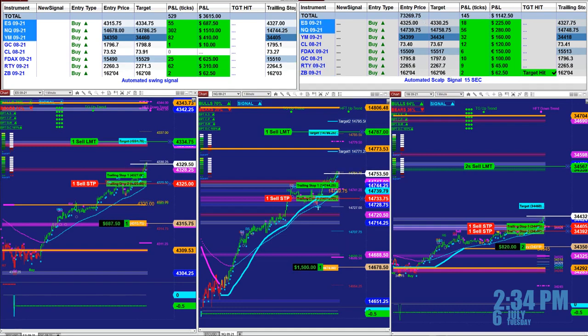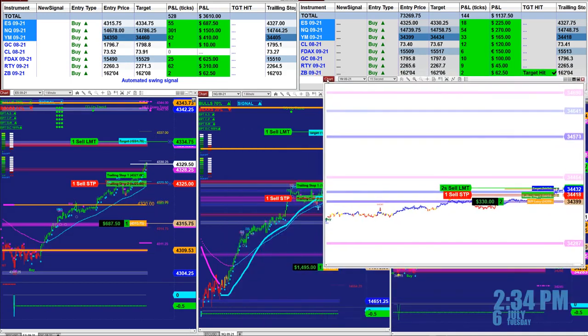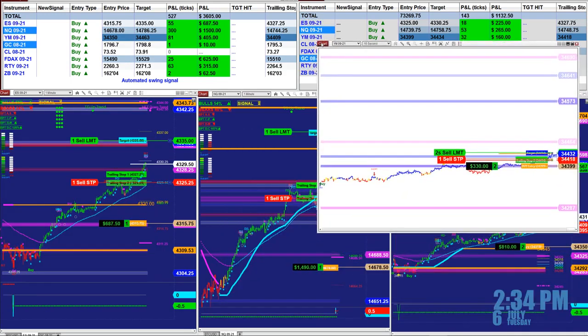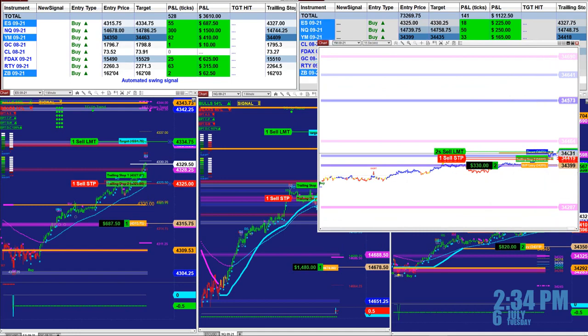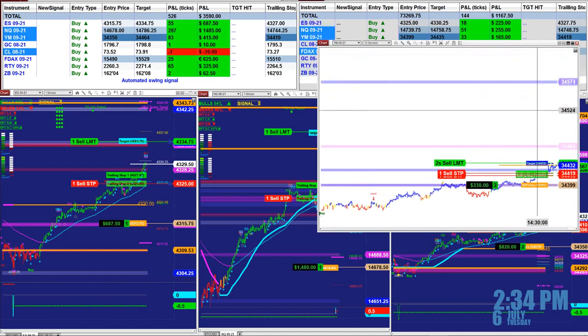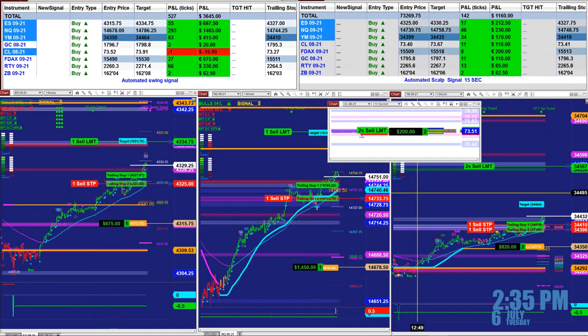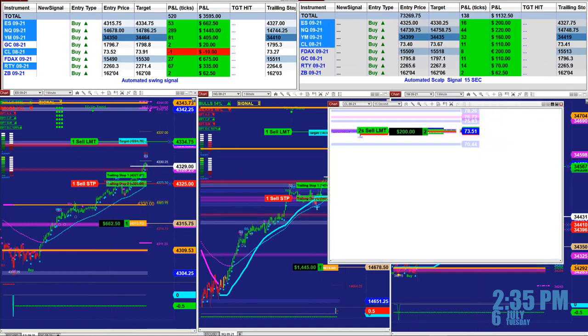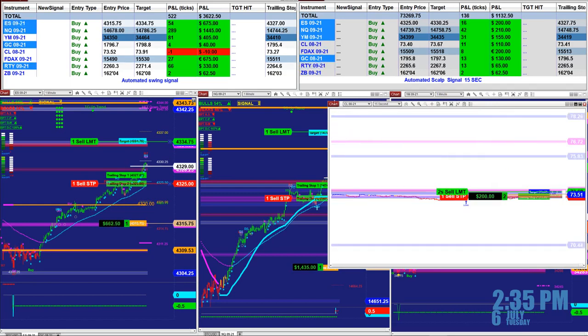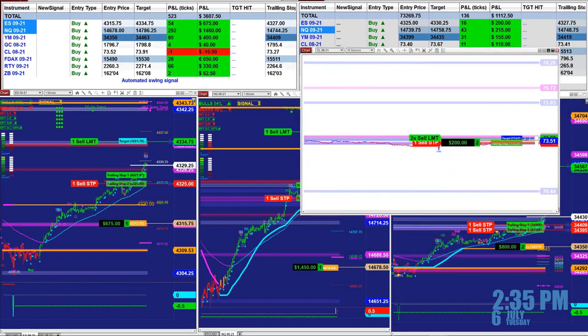As an example, this is a scalper. On the YM it is 32 ticks based on one contract. Two contracts is 340 on the YM. If we take the CL, here's the CL.